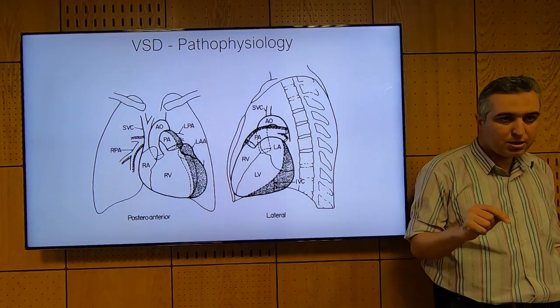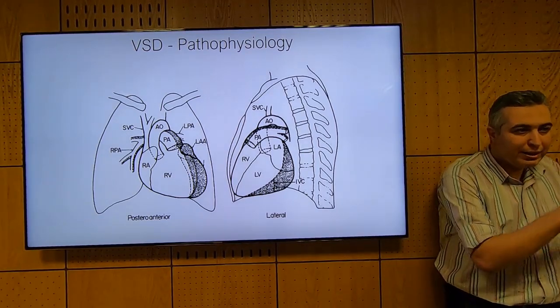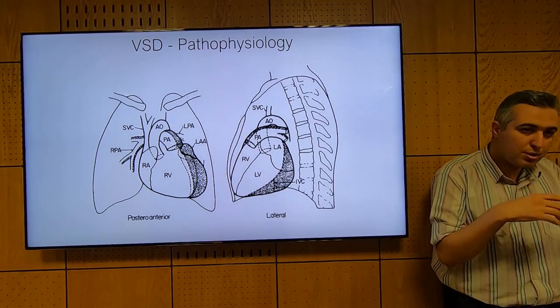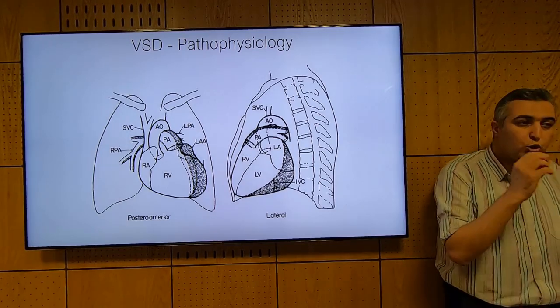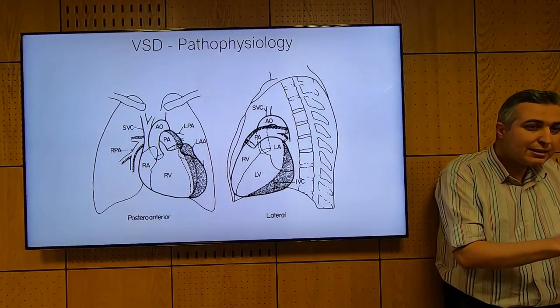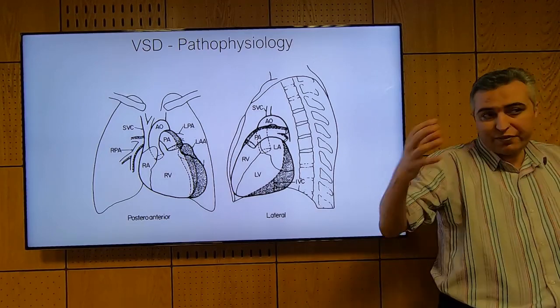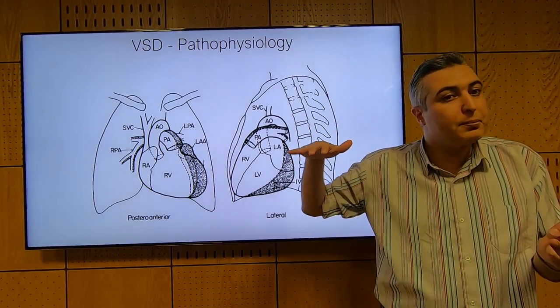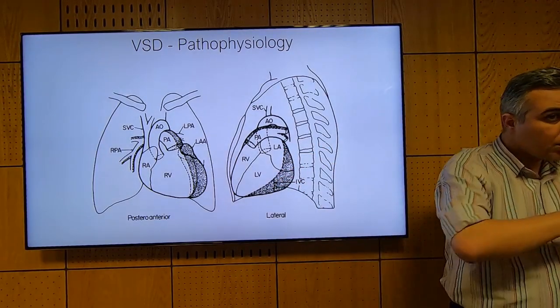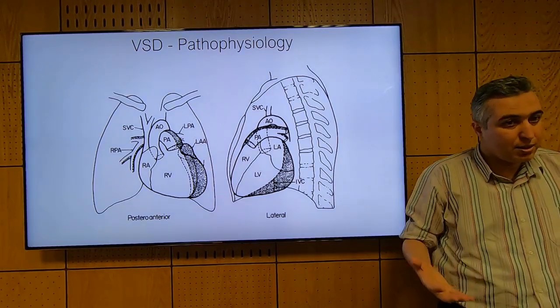So what is Eisenmenger syndrome? Eisenmenger syndrome is a patient who had a left-right shunt that was large enough to cause increase in the pulmonary vascular resistance, and that increase has become irreversible and high enough so that it caused the shunt to reverse, so that it becomes from right to left, causing significant cyanosis.